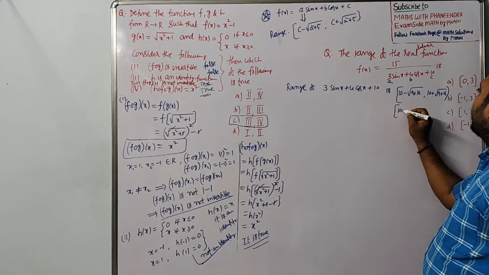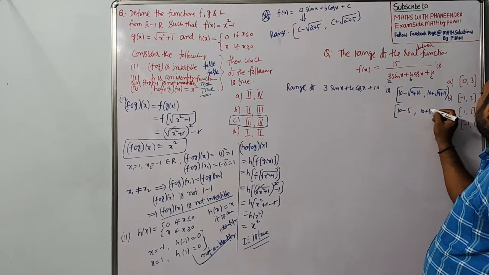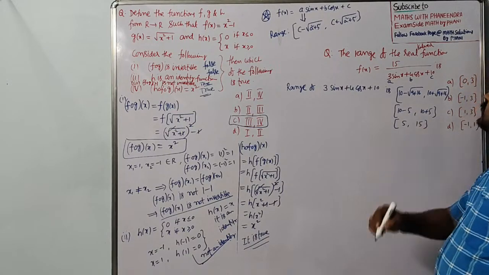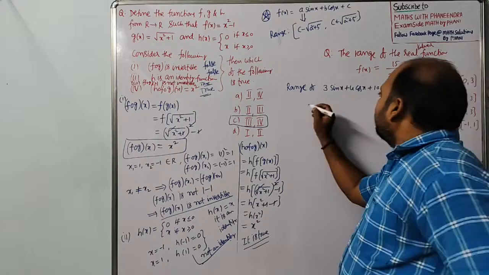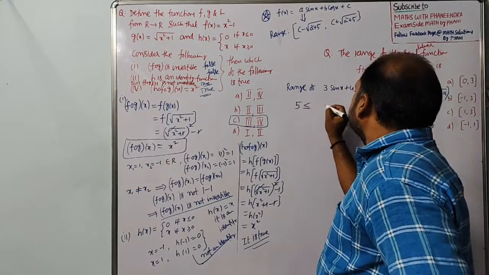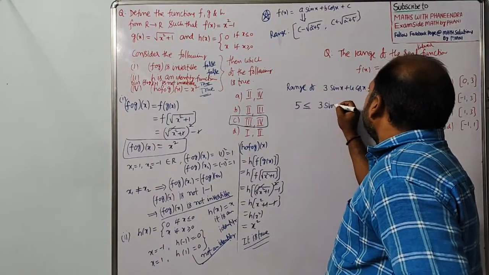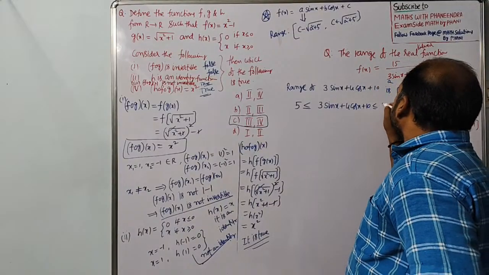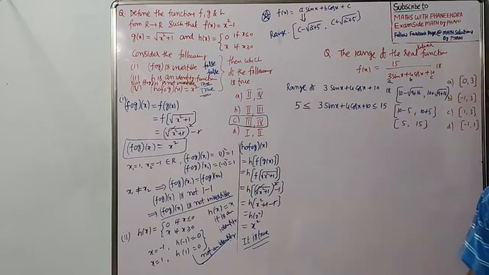So that is equal to 10 minus 5 comma 10 plus 5, that is 5 comma 15. So 5 is less than or equal to 3 sin x plus 4 cos x plus 10, which is less than or equal to 15.